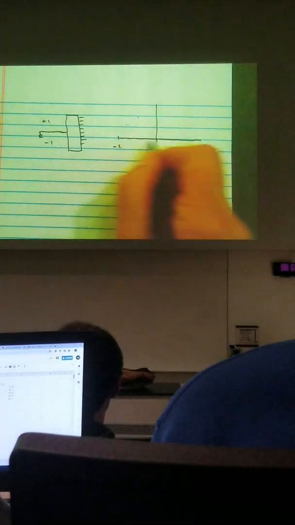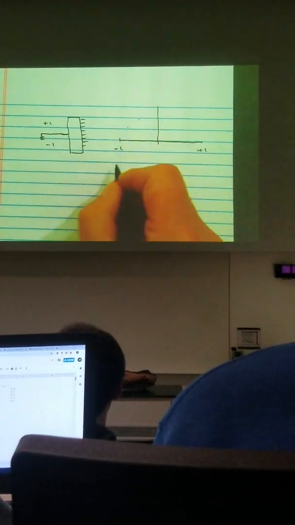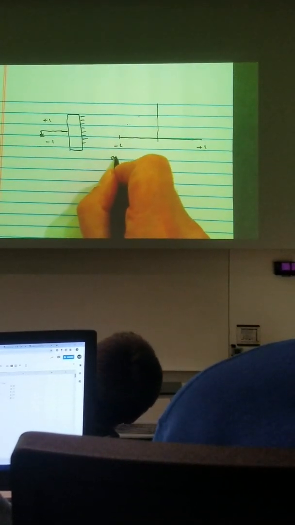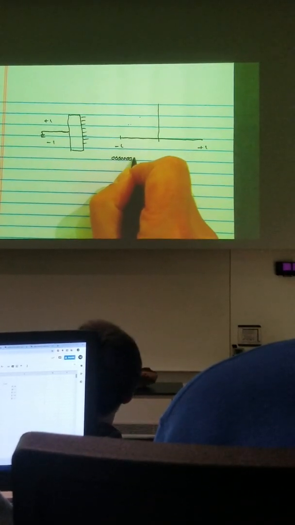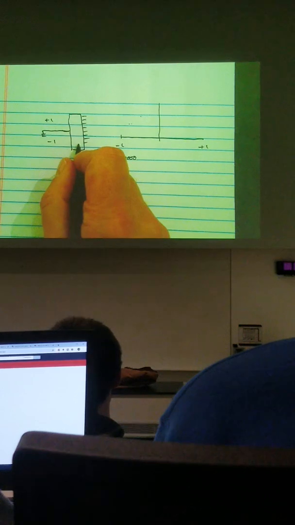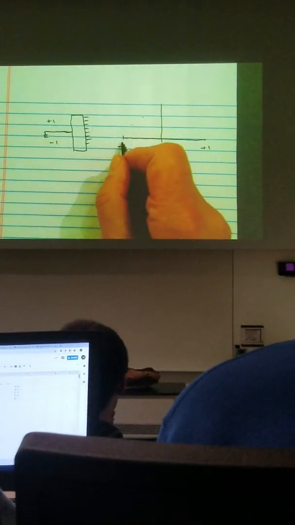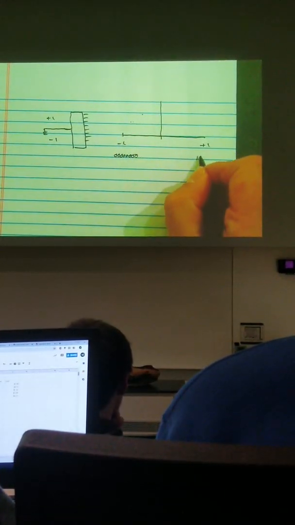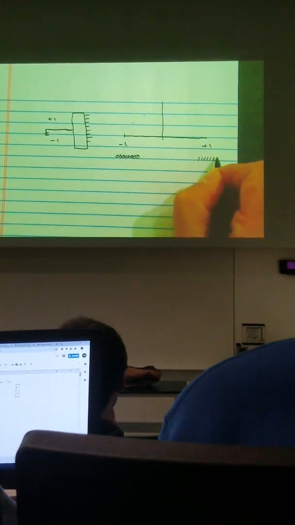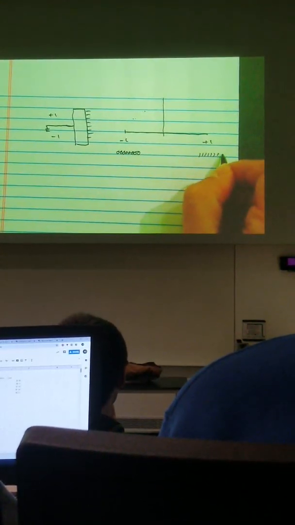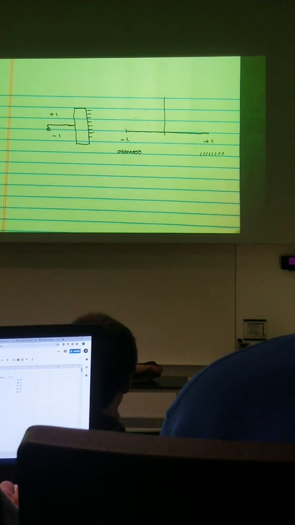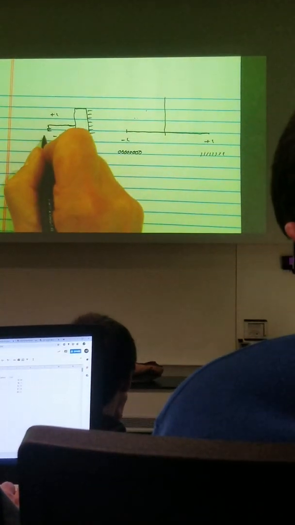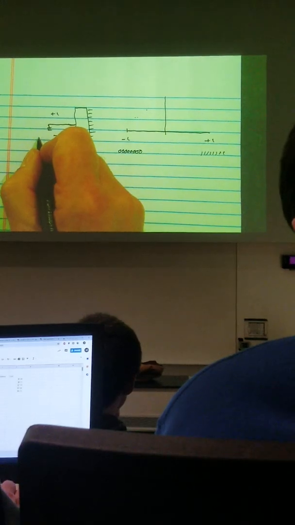The smallest number represents -1, and the largest represents +1 volts.